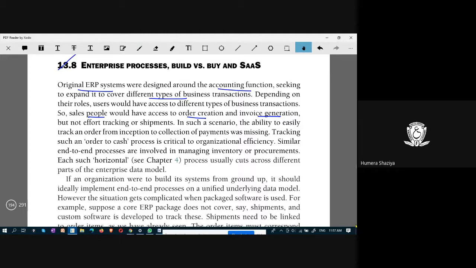If a person is a salesperson, they would have access only to order creation and invoice generation, not effort and other aspects. This end to end tracking is missing, which is here termed as the order to cash process.